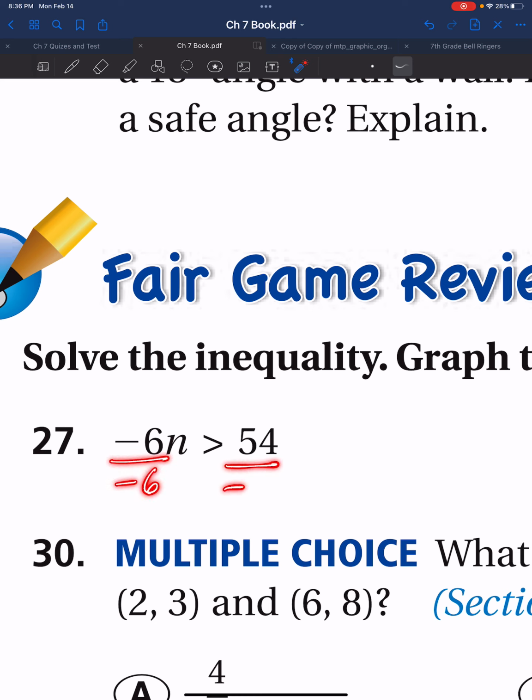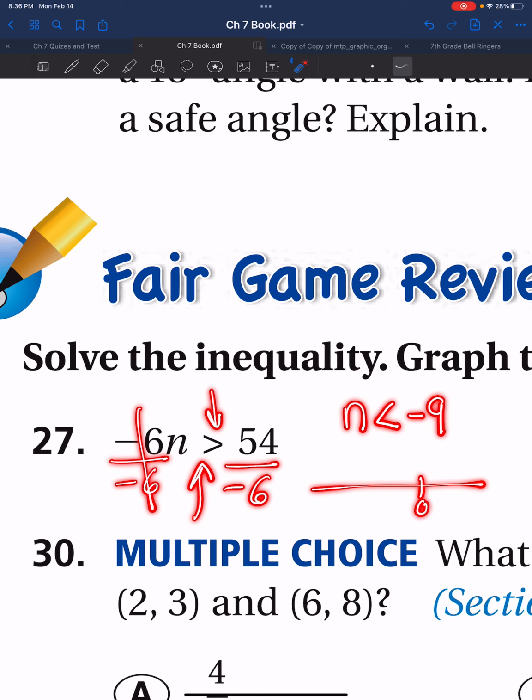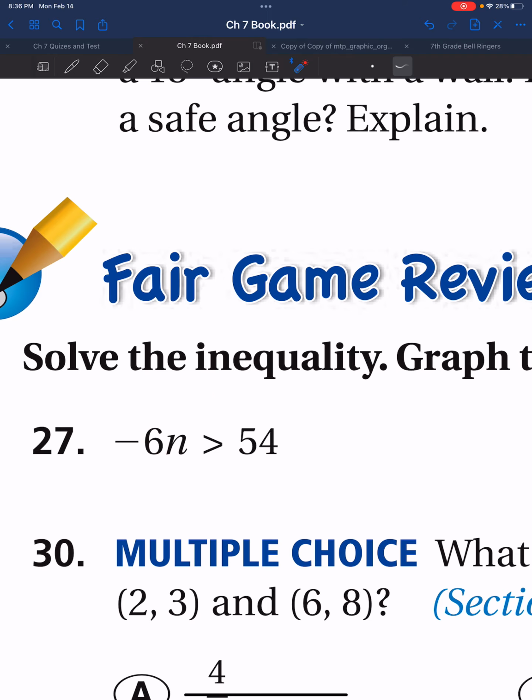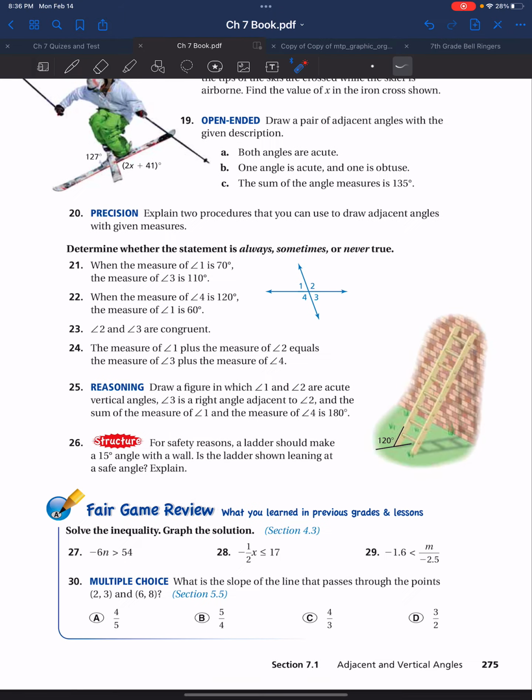If I'm dividing by negative, alarm should be going off in your head. Flip, flip, flip. So this would make n less than -9. Then graph it. Go to -9. Put an open circle, not closed. N is smaller, which means anything that way. Well, there you go. I just gave you a free answer on 27.